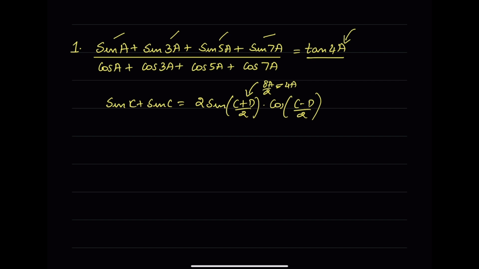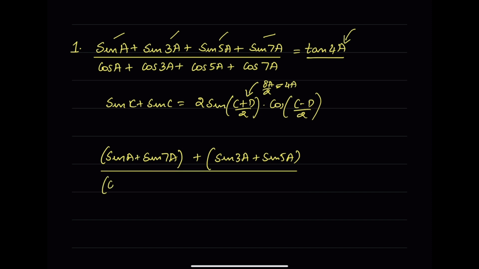In a similar way, let's apply the same logic to the denominator for all the cosine values. So we will rewrite this question as sin A plus sin 7A plus sin 3A plus sin 5A, this whole thing divided by cos A plus cos 7A plus cos 3A plus cos 5A.